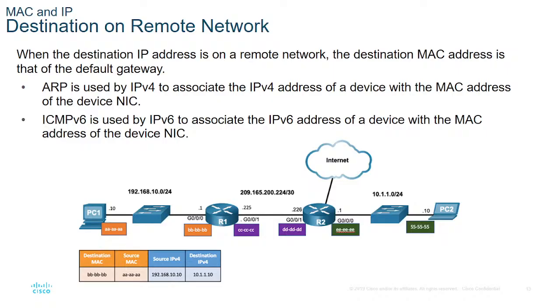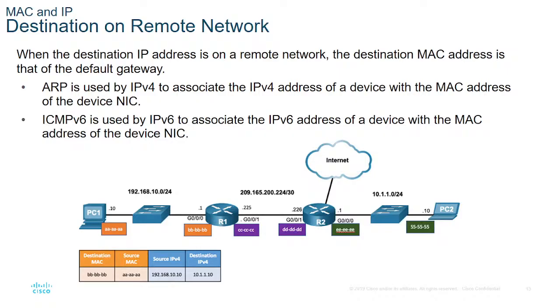For that reason, if a system is going to be communicating outside the network, the destination MAC address has to be that of the default gateway, so that the frame can actually get to the default gateway, which will then send it out. Remember, the default gateway is a router, and it will only make use of the network layer addressing, that is the IP address, to be able to forward the frame to the next device.